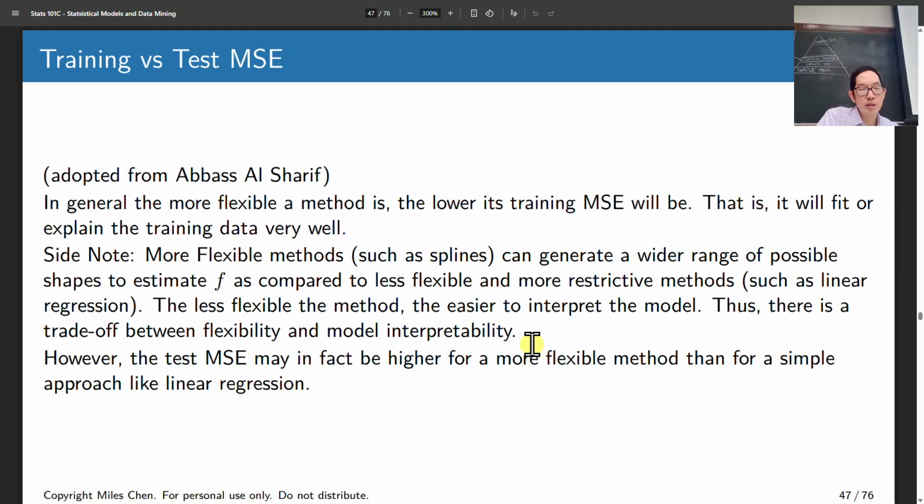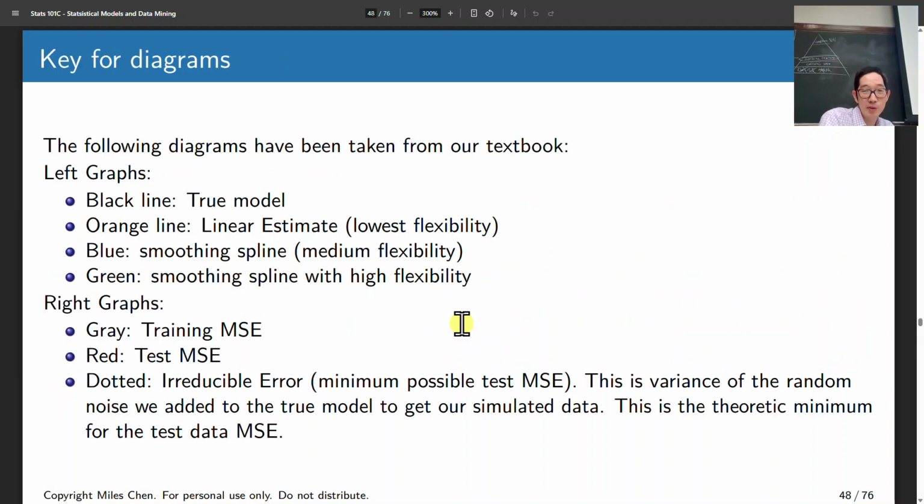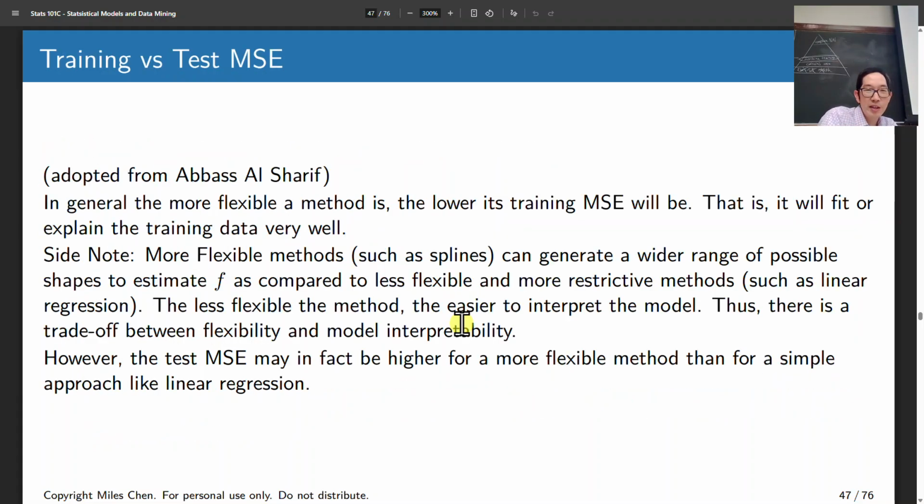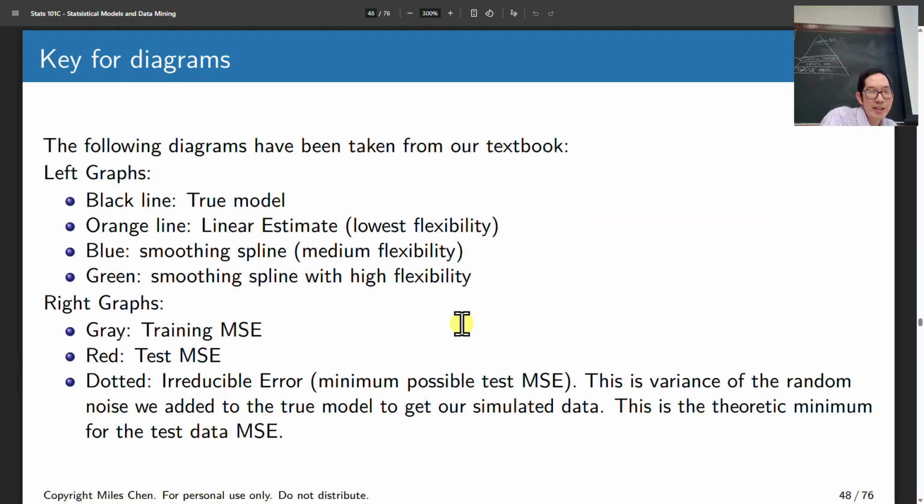To illustrate this, we'll look at splines. Splines can generate a whole range of models, very flexible things, or you can adjust the parameters of the spline model to make them less flexible. So I'm going to show you some diagrams to illustrate this concept of training mean squared error and test mean squared error.